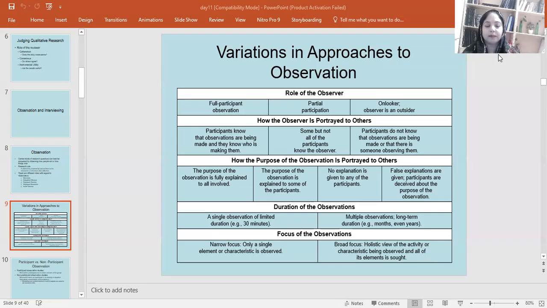So it must be a long-term, longitudinal study, and I will observe multiple aspects of this phenomenon. So this is a kind of holistic observation with a broad focus.